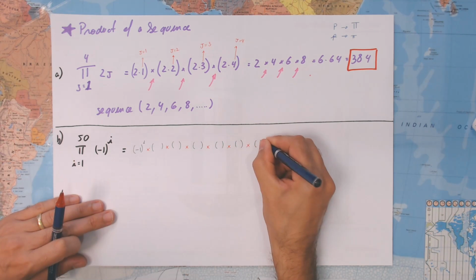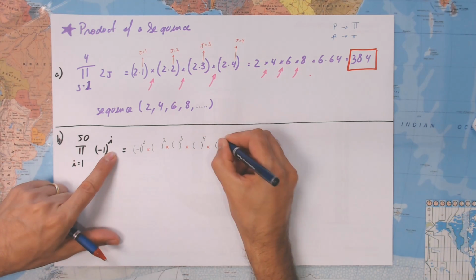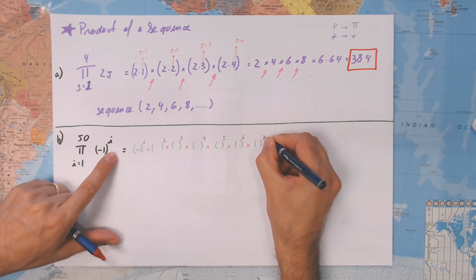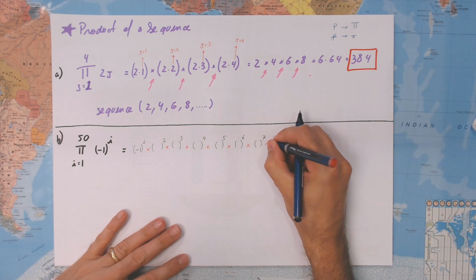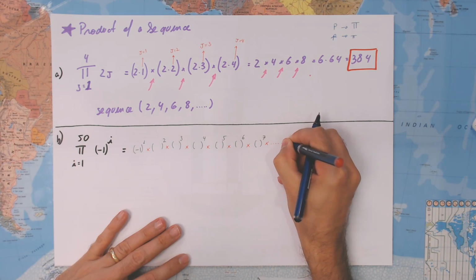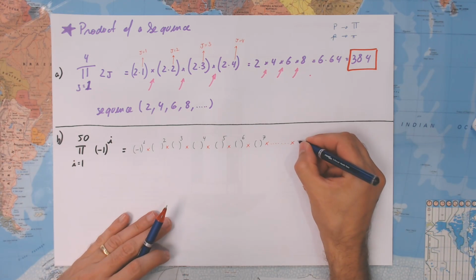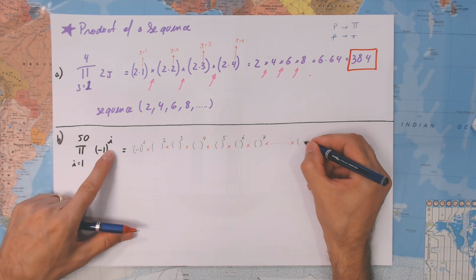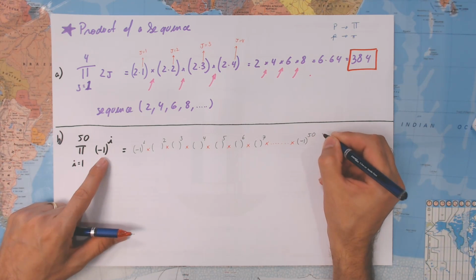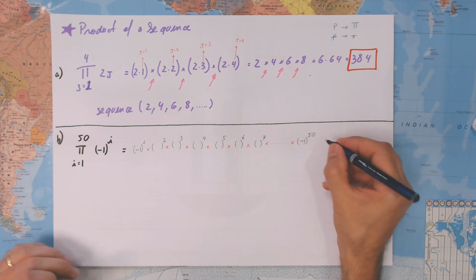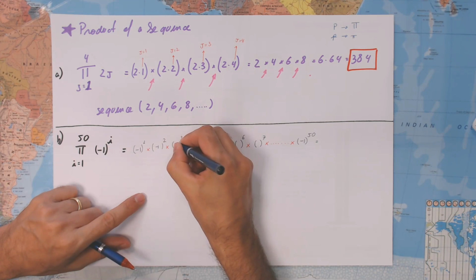I'm just writing: to the power of 1, to the power of 2, third, fourth, fifth, sixth, seventh power. And it goes on, okay? It goes on until we reach what? Minus 1 to the power of 50, right? That is our destination. Okay, this is always minus 1.